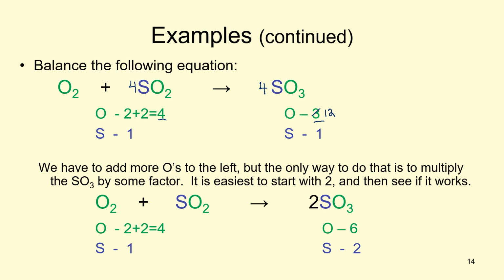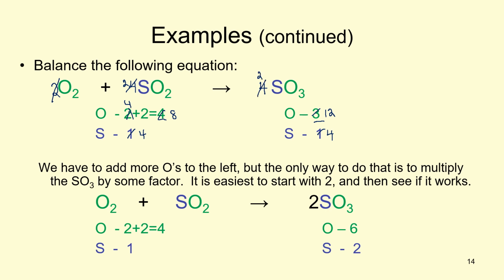What does that make? I've got 4 here, 4 here. I've got 12 oxygen. Here I have 4 times 2, or 8. And then I need 4 more, so I can put a 2 in front of there. Now notice that this is not the lowest ratio here, so I'll probably want to reduce it down. So I'd have 1, 2, and 2.